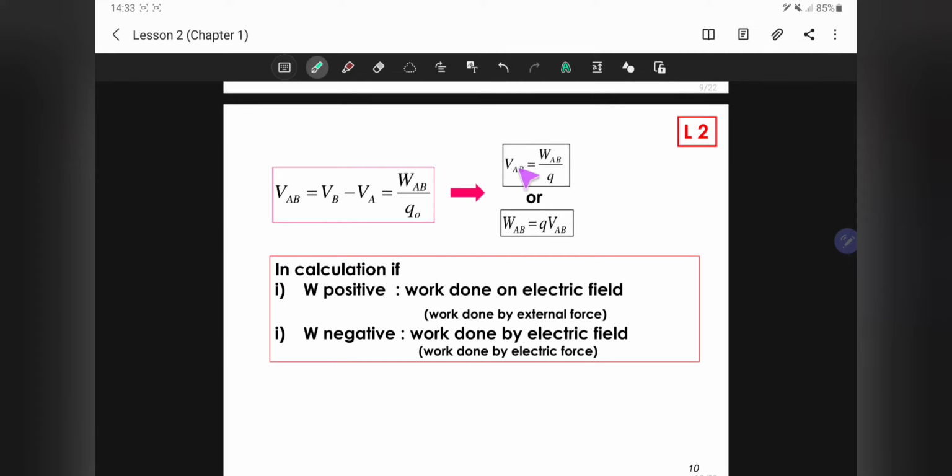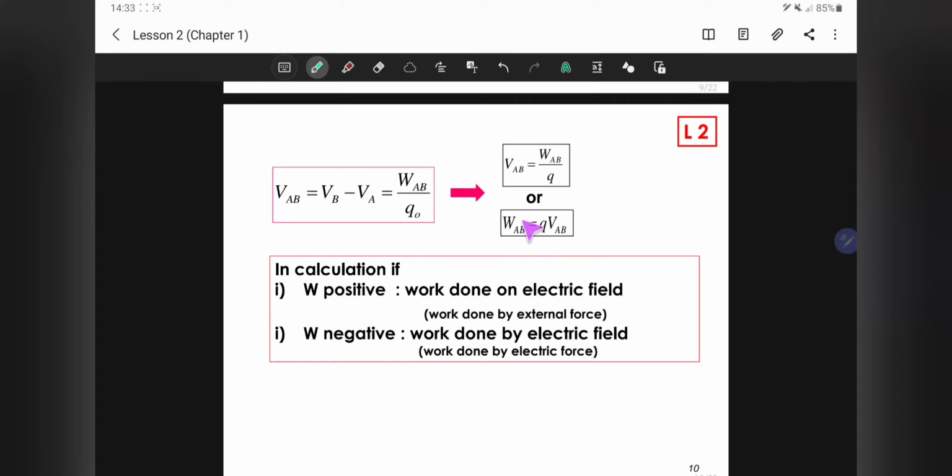VAB must be VB minus VA, which is V final minus V initial. By rearranging the equation, you will get WAB equals qVAB. Remember, work is a scalar quantity, so it does not have any direction.